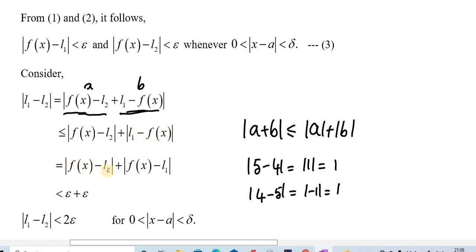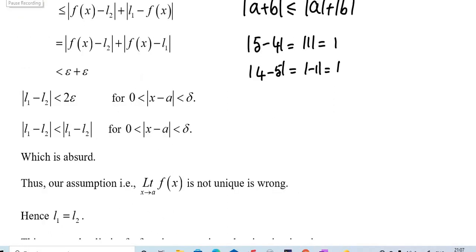This one is equal to this one. This one is less than epsilon plus epsilon. Epsilon plus epsilon is 2 epsilon. Observe, from the starting to the ending, whenever we get one strictly less than, at the end also we are going to write strictly less than.